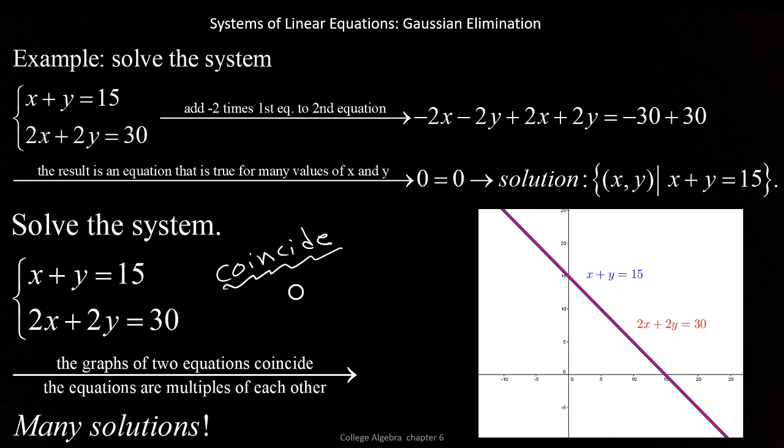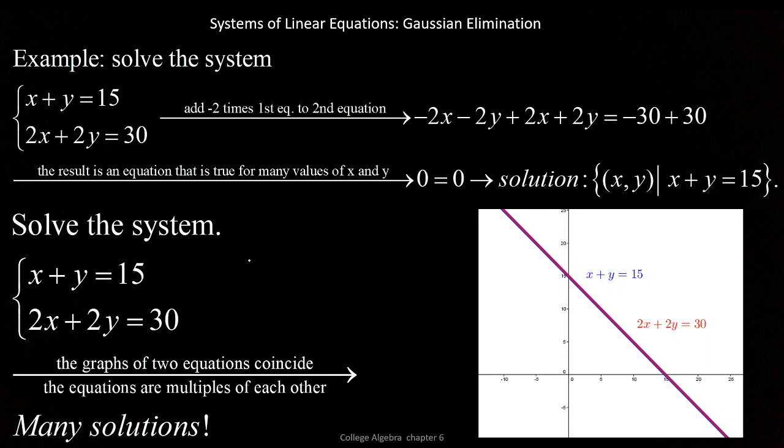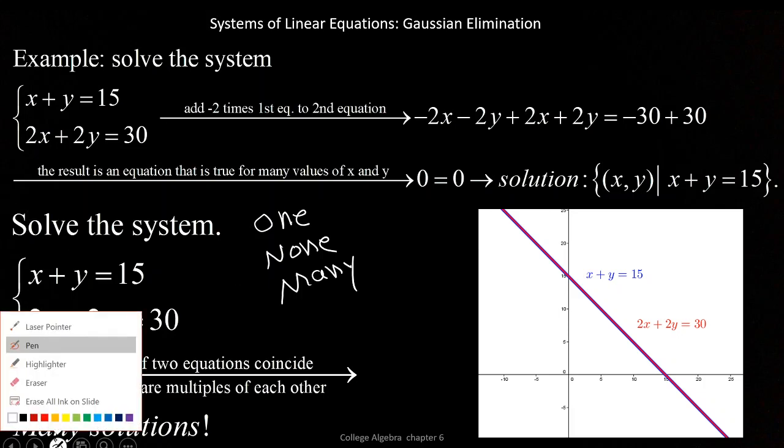They're basically the same, right? So how many points of intersection do they have? Infinite, right? Every point on this line is a solution for this system. So again, systems of linear equations can have one solution or none or many, depending on the structure of the system.